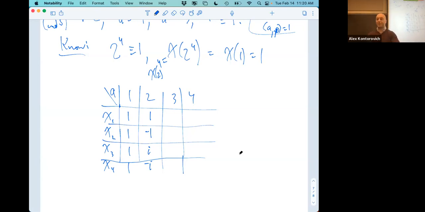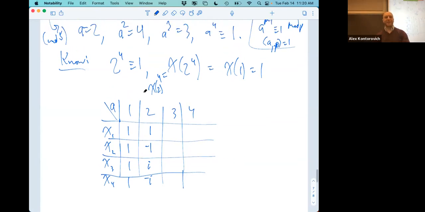Now let's fill out the rest of the table. It'd be good to see the multiplication law. What do I put for 4? Well, 4 is the square of 2, so I just have to square these numbers. Chi1 is the trivial character, we can see that already. If it gives 1 to 2, it gives 1 to everybody.